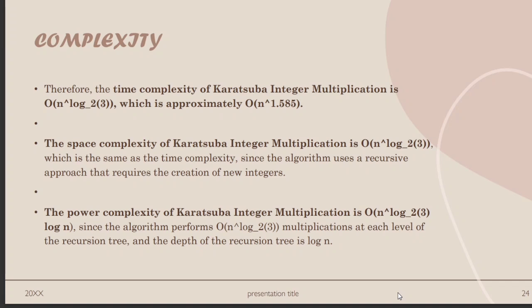The power complexity of Karatsuba integer multiplication is order of n to the power log 2 3 times log n, since the algorithm performs multiplication at each level of the recursion tree and the depth of the recursion tree is log n.